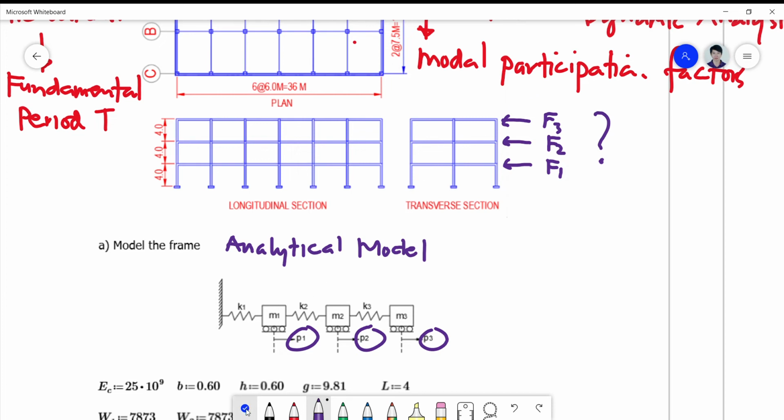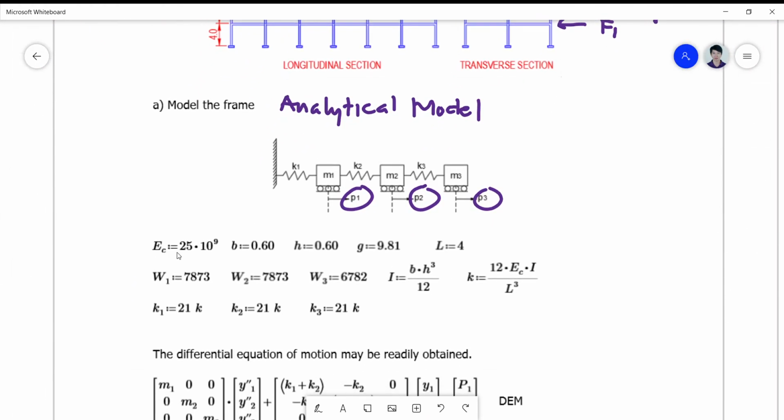Okay, let's now consider some parameters in the form of the modulus of elasticity, which of course must be consistent in terms of units. This is in Pascal. Okay, this is in meter, this is in meter, this is in meter per second square, this is in meter.